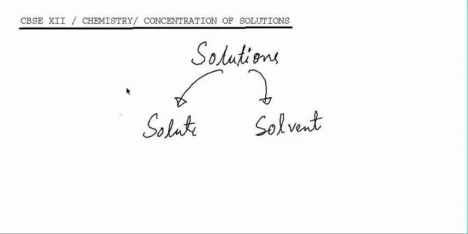Now, before we start anything else, we need to know what is the meaning of concentration. As we decided, solutions are made up of two components, one is solute and another one is solvent.